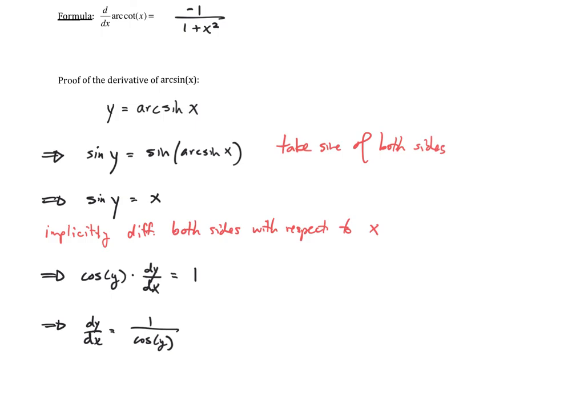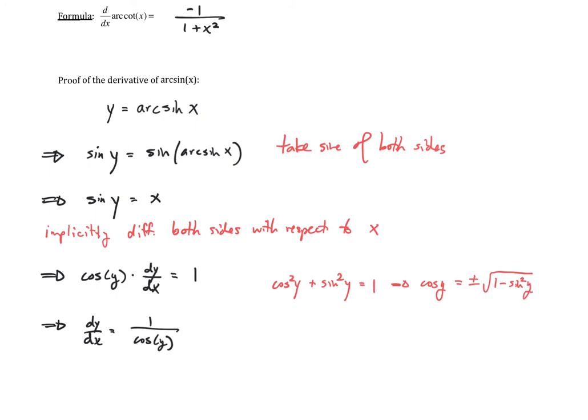Now, we want to use our Pythagorean identity. So we know that cosine squared y plus sine squared y is going to equal 1. So this means that cosine of y is really going to be equal to plus or minus the square root of 1 minus sine squared y.